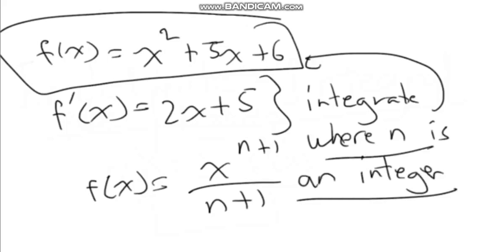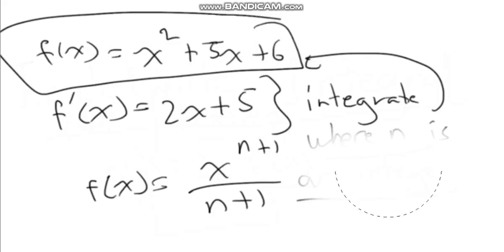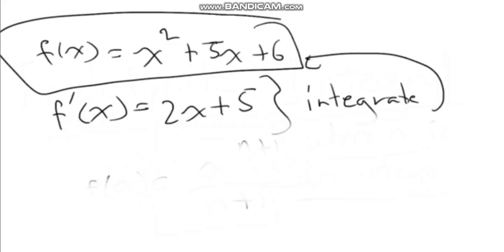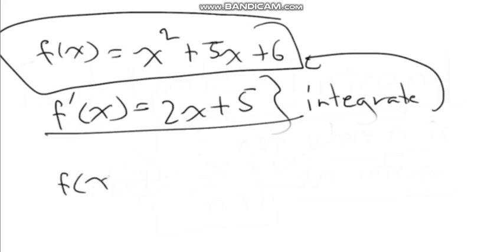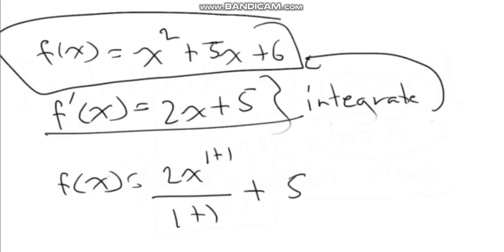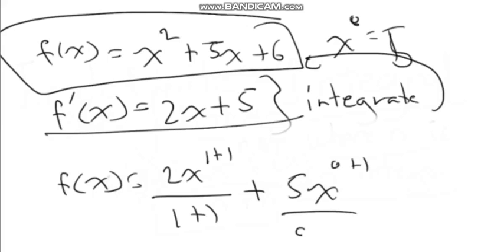And if we integrate this function here, which we just differentiated earlier, we are going to have 2x, which becomes x to the power of 1 plus 1 over 1 plus 1, plus 5, and by the way, x to the power of 0 is equal to some constant. In this case, this is 1 or 5, I guess, and it's going to be x to the power of 0 plus 1 over 0 plus 1.